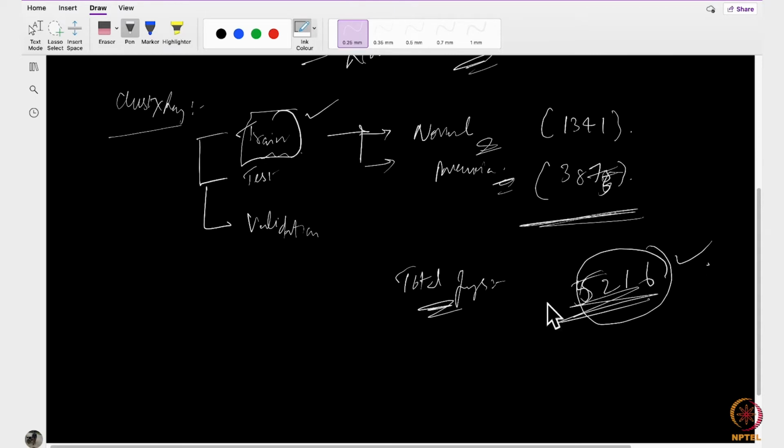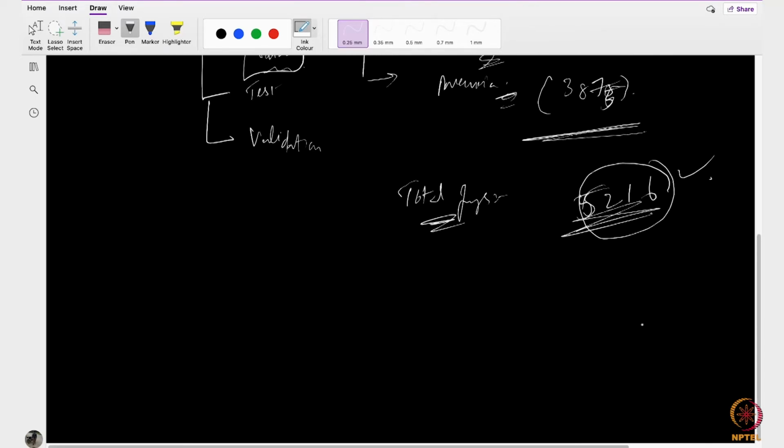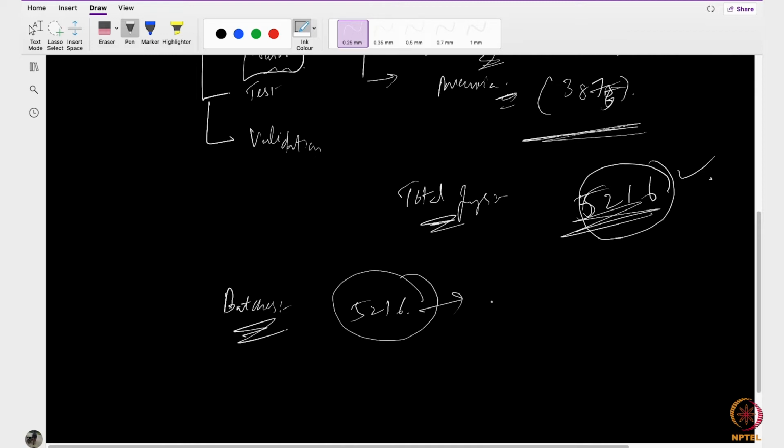Once we go and use this data, we need this number, because usually for deep learning algorithms we feed the data in batches. Out of these 5216 images, we will keep a batch size of 64, 128, 256 or 32. Likewise, we will try several batch sizes.